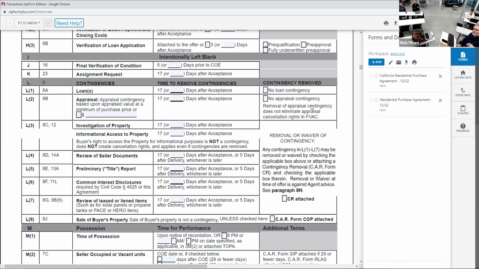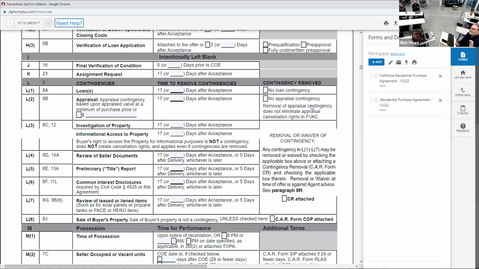Review of seller's documents. So seller has to give us disclosures. The buyer has 17 days after acceptance to review those documents, or 5 days after delivery, whichever is later. So if on day 16 you suddenly get documents, you've got 5 days to look at them.